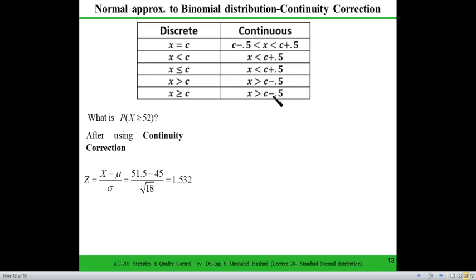My corresponding value of z would not be the earlier value but a different value, with the same mean and standard deviation. The corresponding value of z comes out to be 0.532, and the probability is 0.063, which is somewhat closer to the exact value.